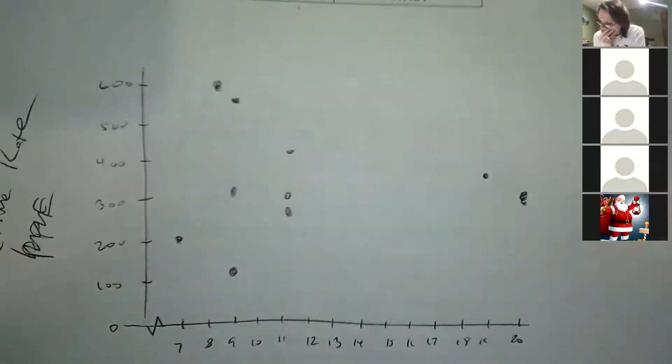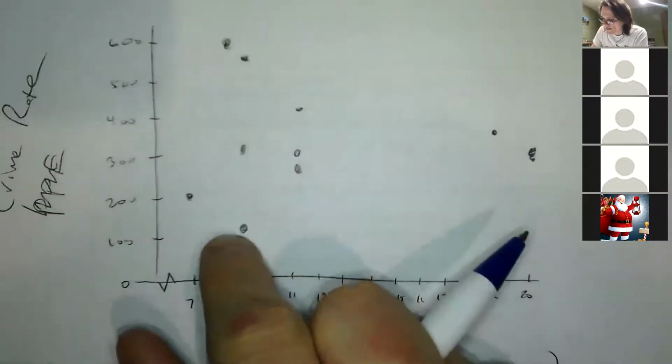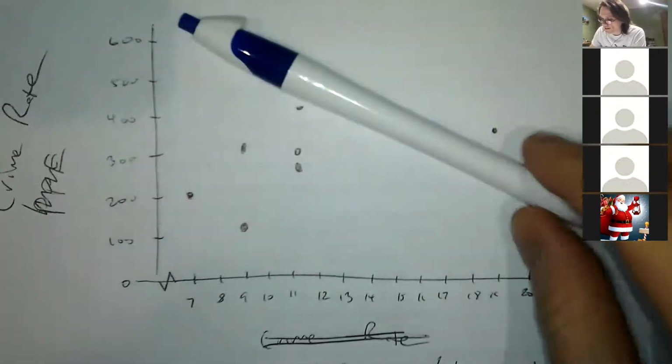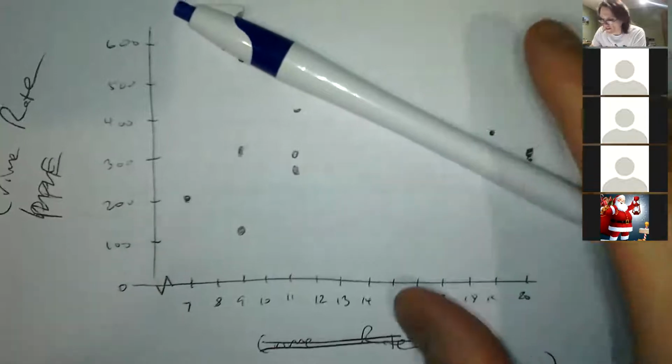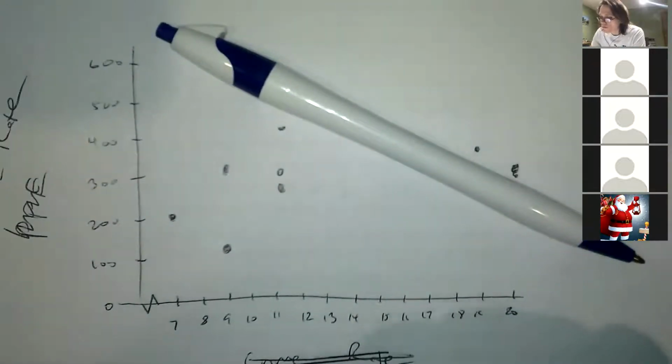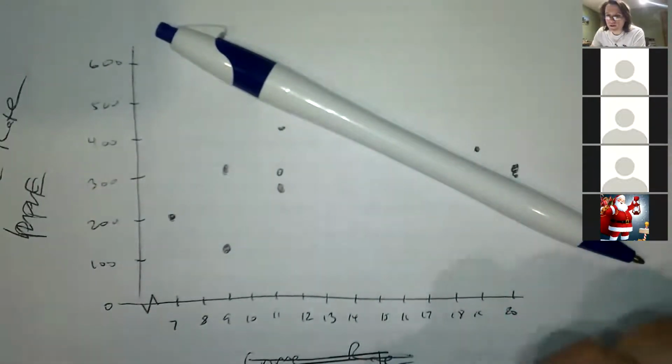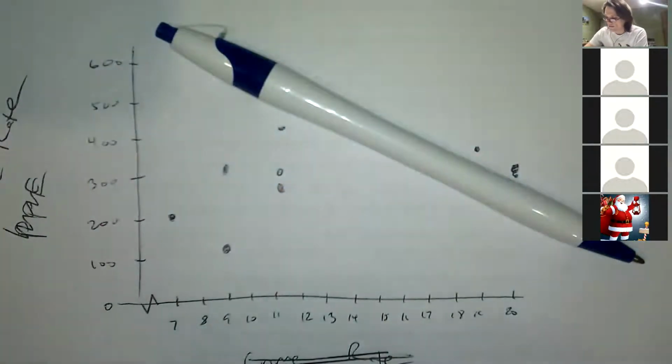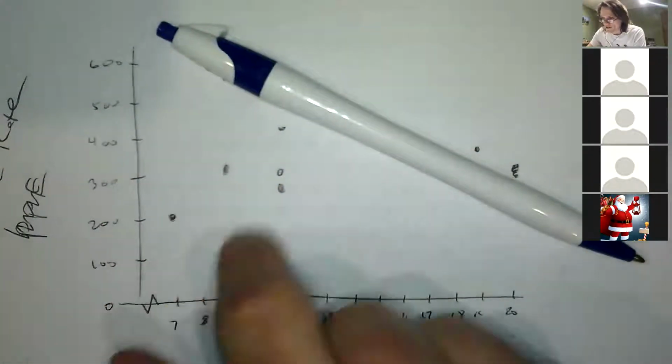I would say there's no correlation probably. If it wasn't for these guys over here, I think it would be negative. So as per pupil expenditure goes up, the crime rate goes down. But these guys kind of screw it up.